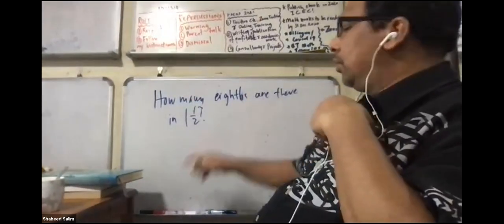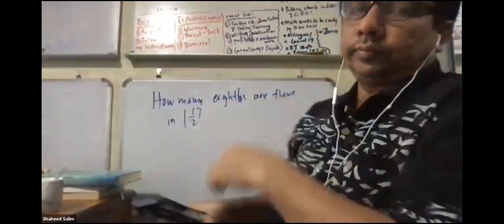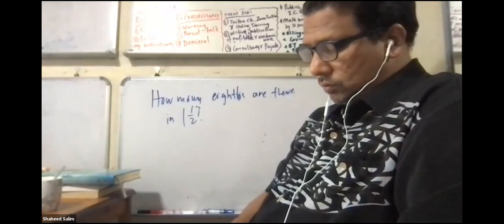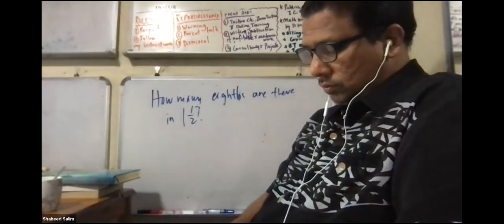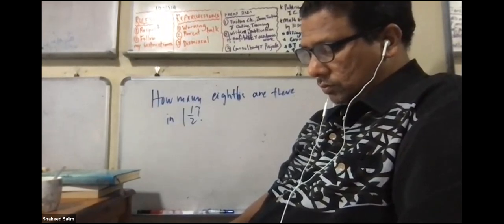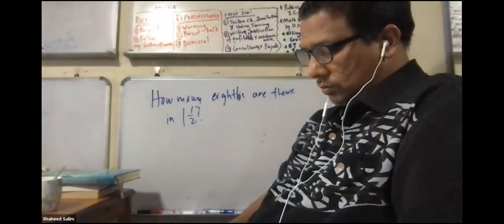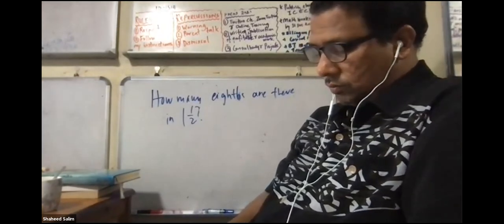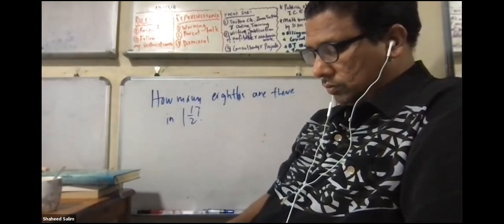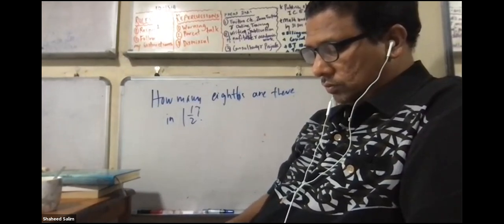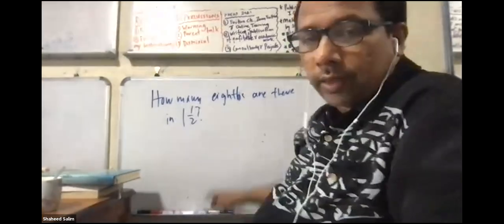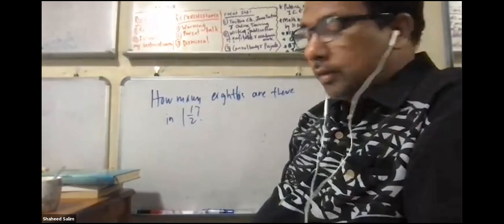How many 8s are there in 1.5? Okay, 4. The answer is 4.